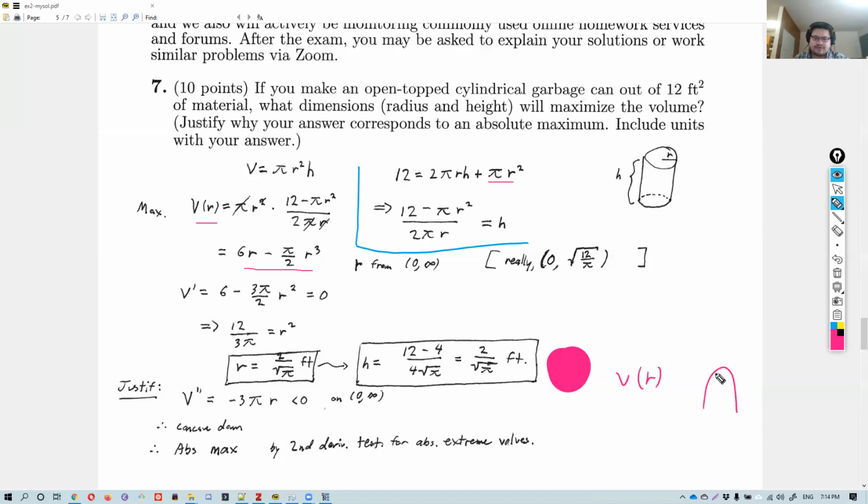It's always concave down. Then the critical point that you found has to be an absolute maximum, by technically the second derivative test for absolute extreme values. Okay.